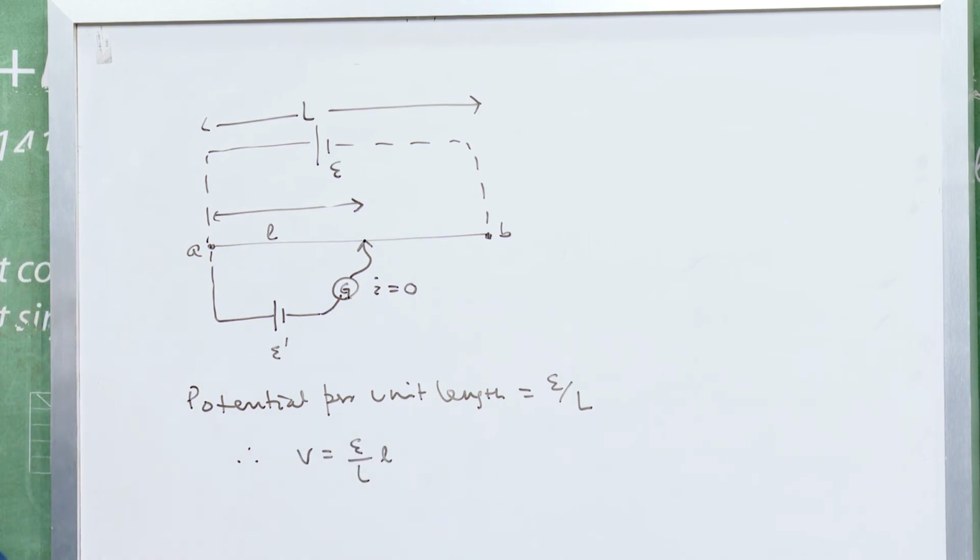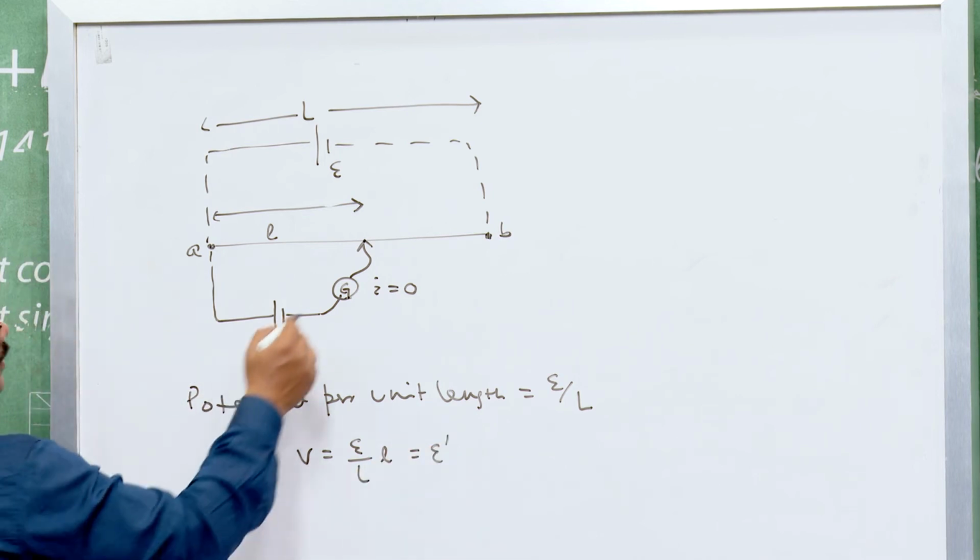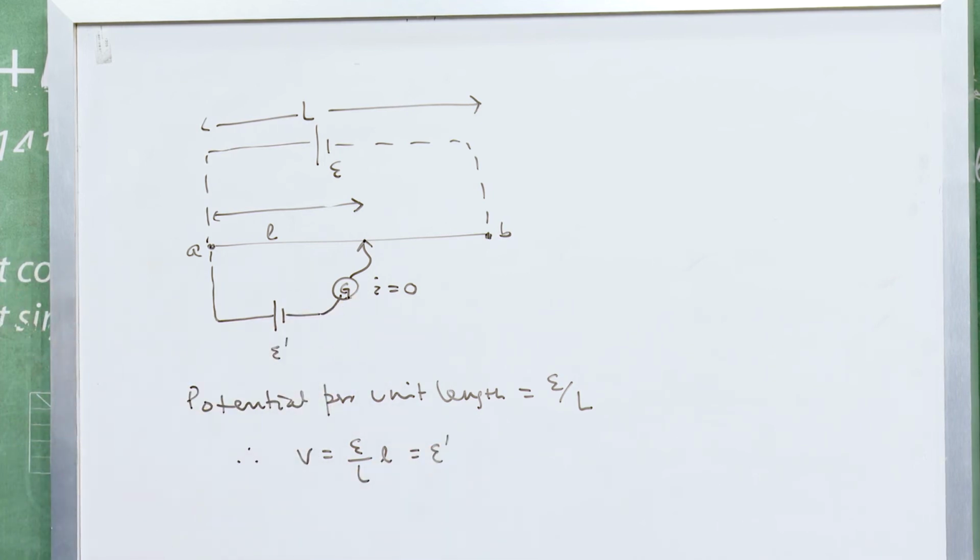This is my V, and it is equal to E dash, so that there is no current passing through the galvanometer and it is balanced.